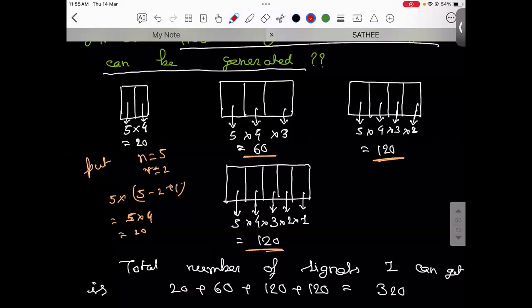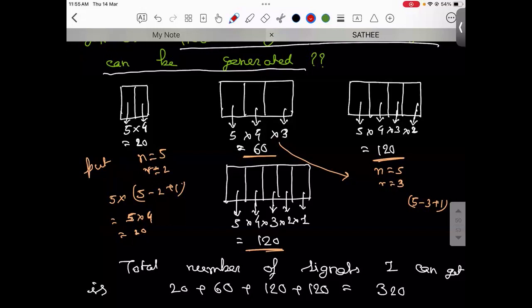Now you may get confused about where to end, so I can discuss this again. Here n equals to 5 and R equals to 3. So how far do I have to go? I can go up to 5 minus 3 plus 1. 5 minus 3 is 2, 2 plus 1 is 3.